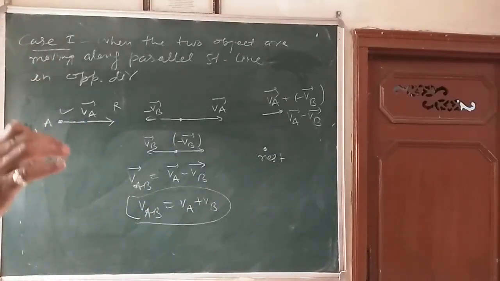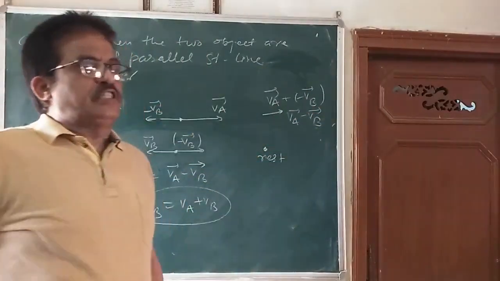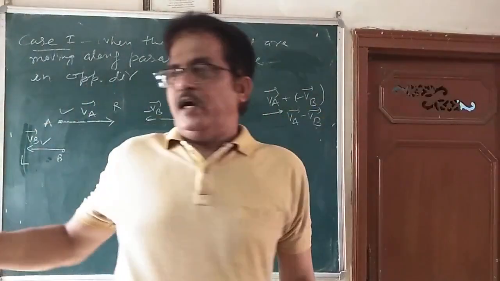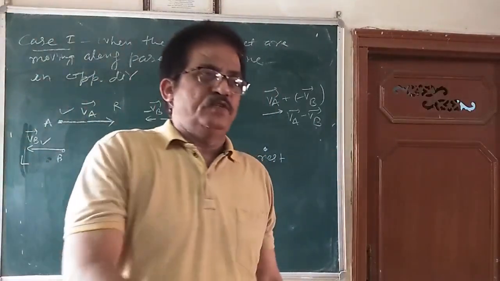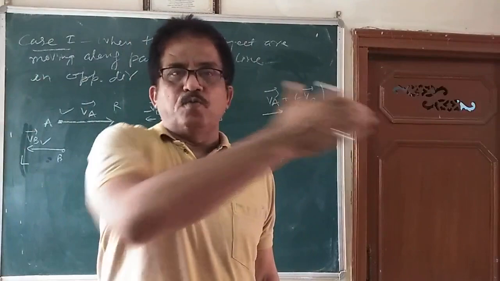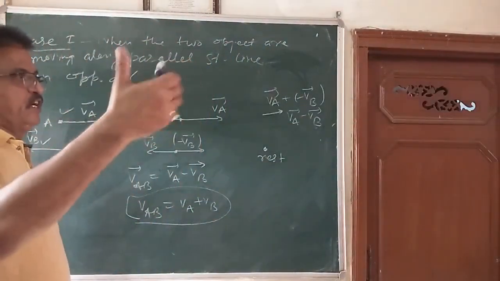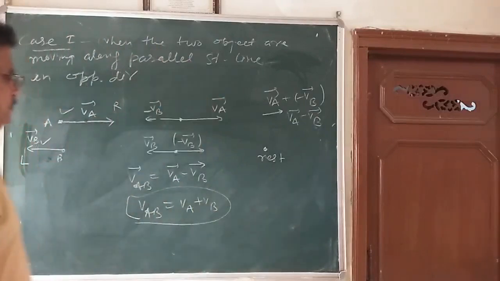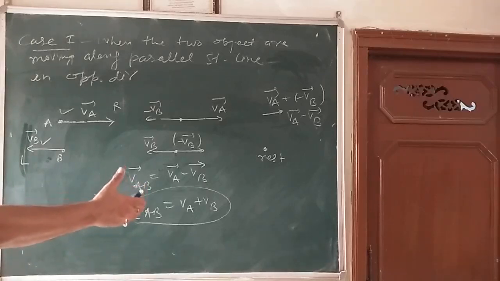So now again I am taking an example. Suppose object A is moving towards east, say with 50 km per hour, and object B is moving towards west, say 30 km per hour. Then the relative velocity, since both are in opposite directions, would be 50 plus 30, that is 80 km per hour. So I can say the two objects are moving in opposite directions.